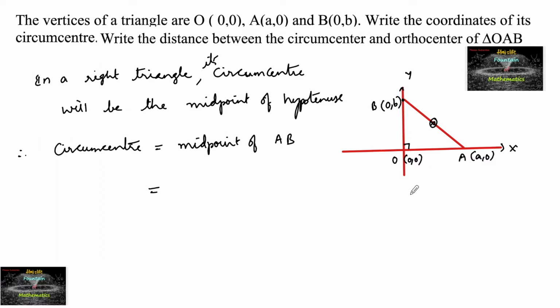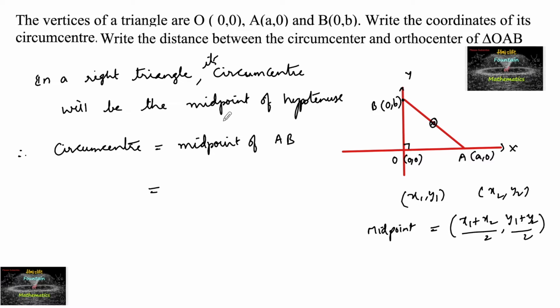Since we know the midpoint for any 2 points (x1, y1) and (x2, y2) is ((x1 plus x2) by 2, (y1 plus y2) by 2). So here, a plus 0 upon 2, 0 plus b upon 2, which is a upon 2, b upon 2. This is the circumcenter.